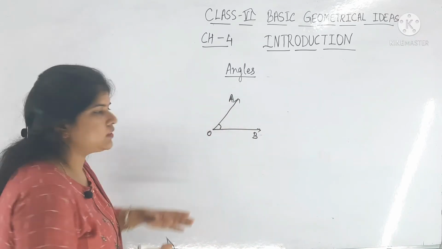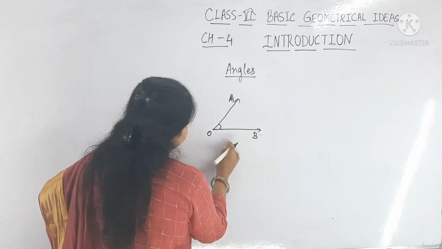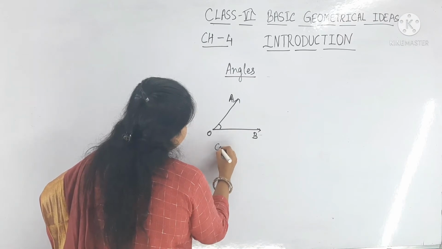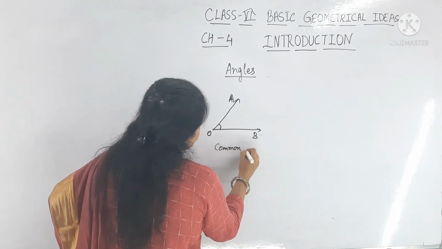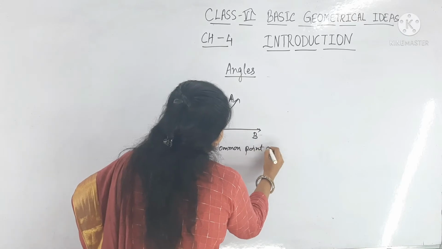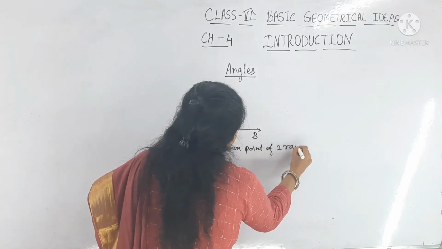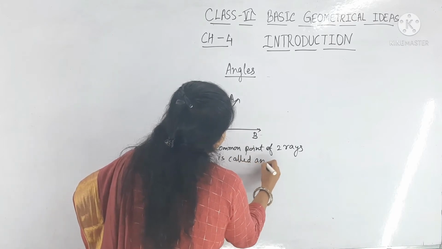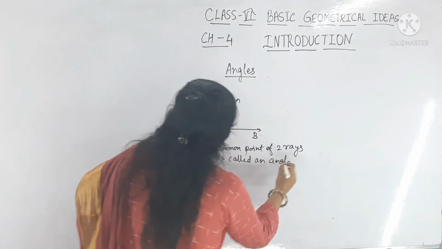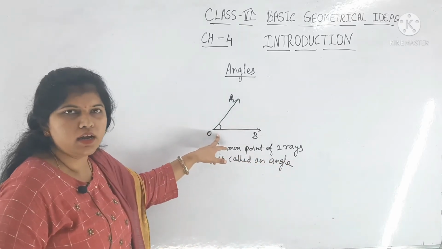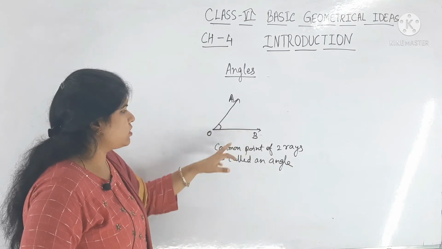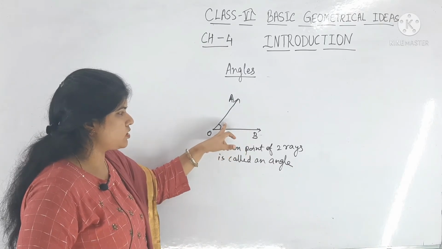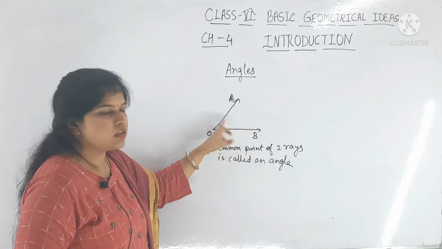The common point of 2 rays is called an angle. Here you can see this is a fixed point and these 2 rays. Where they meet, this is called an angle.